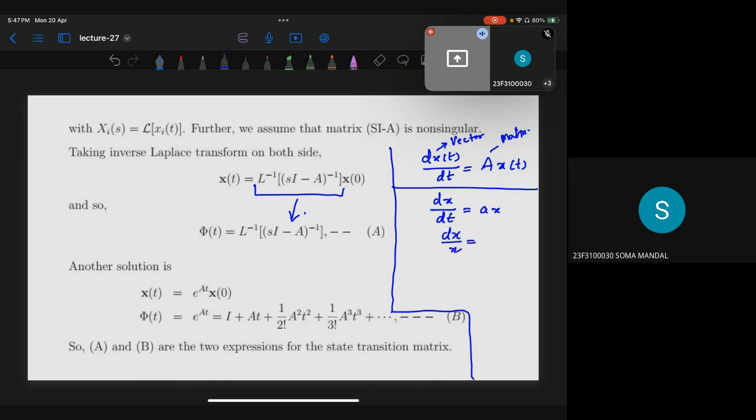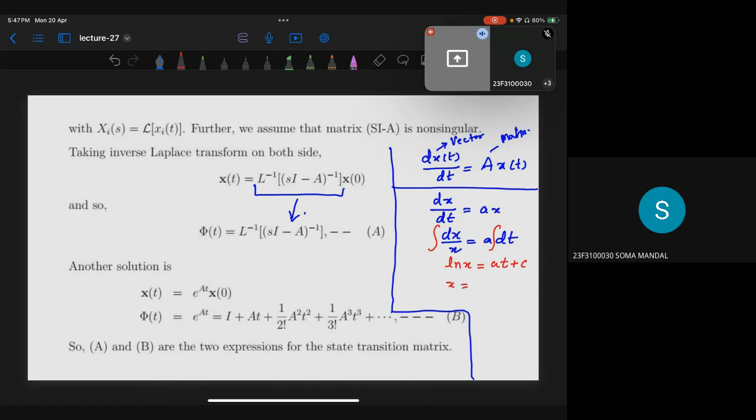dx by x equal to a dt, am I correct? Variables separable. Take integration on both sides. ln x plus c equal to at plus c, correct? Not ln x only here. So ln x equal to at plus c.